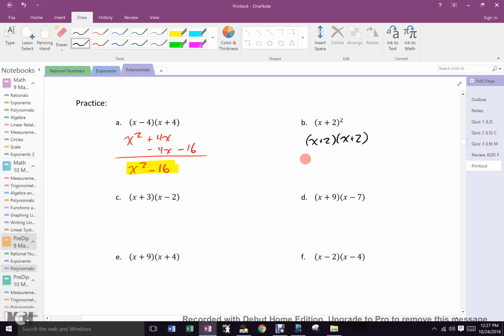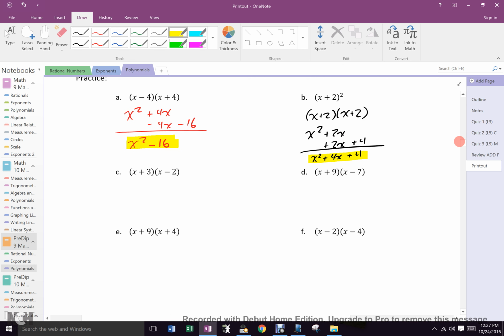What is that? And what's your final answer? Can everybody do that one? Awesome possum. Do the next 4. Go.